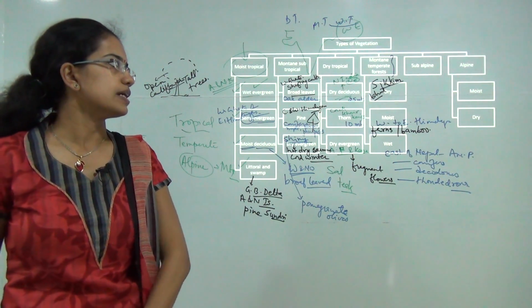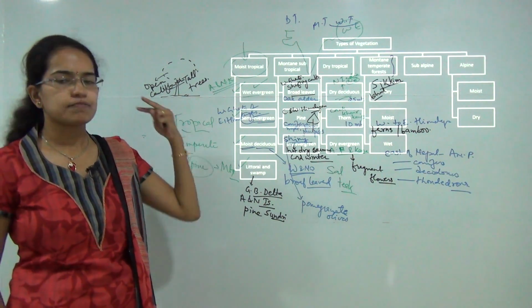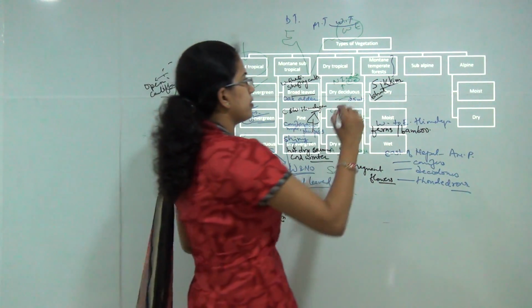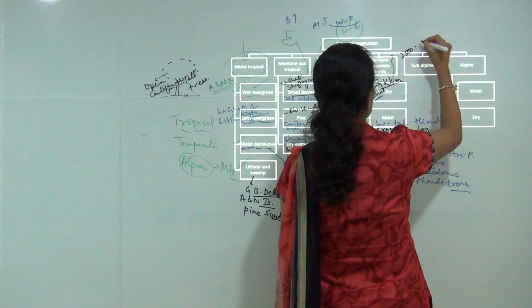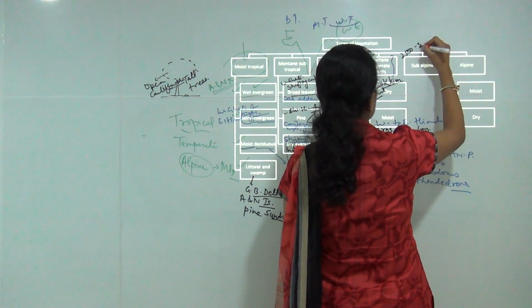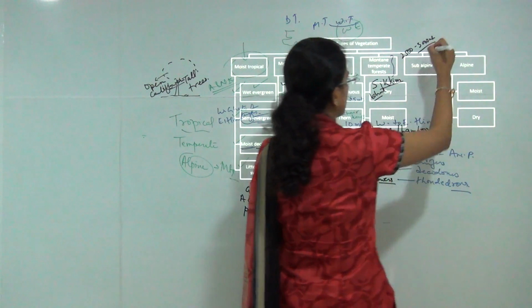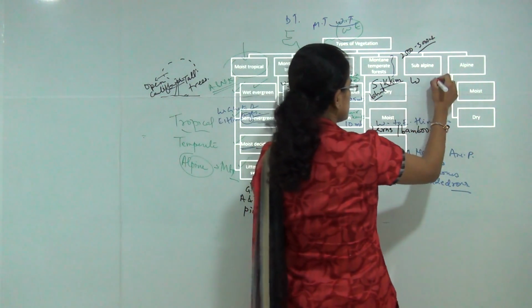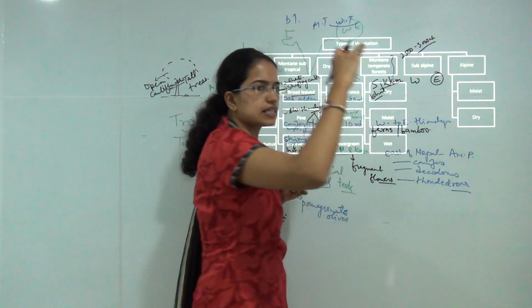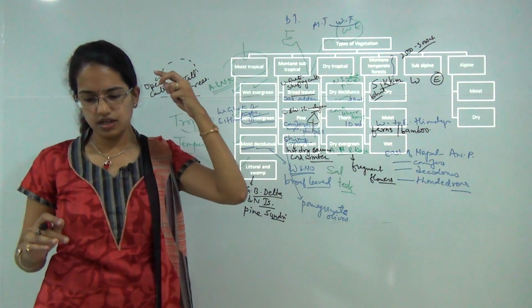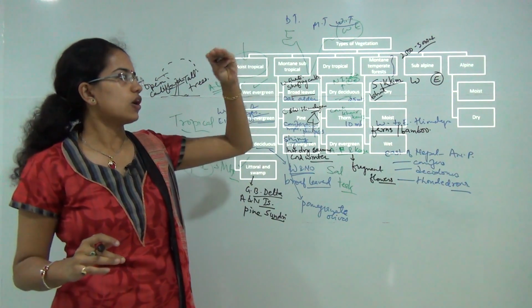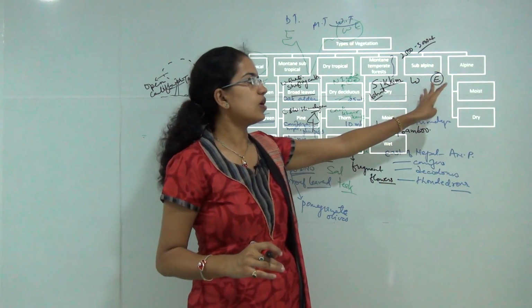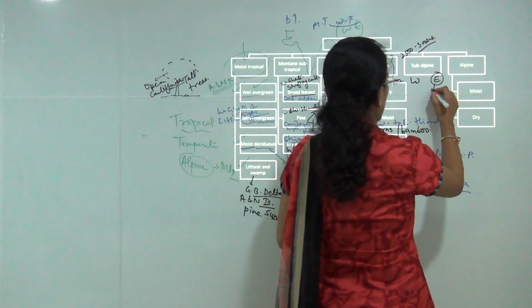Now next come the subalpine and the alpine, found in regions of very high altitudes, ranging from 2500 to around 3000 meters. Subalpine vegetation varies from east to west. The eastern vegetation has a higher timberline, the level till which you can see vegetation, compared to the west, because of the high humidity and heavy rainfall.